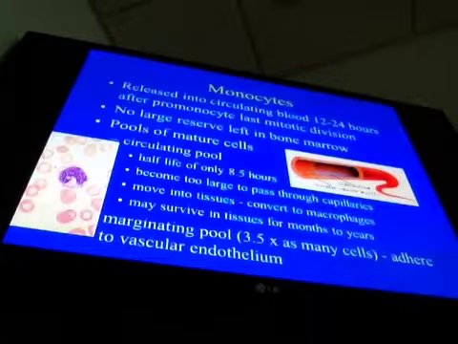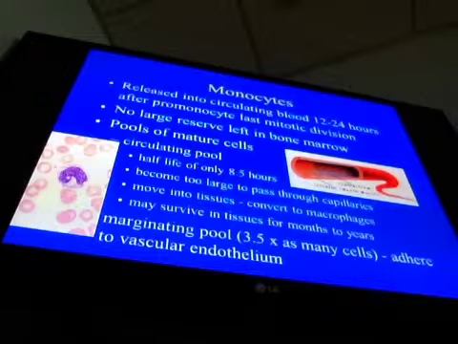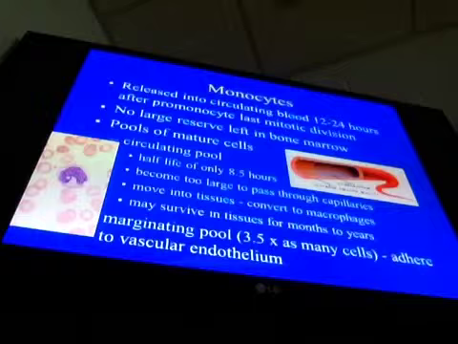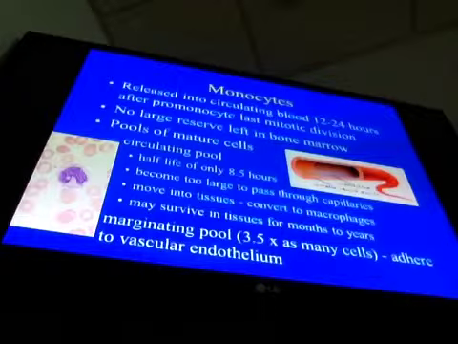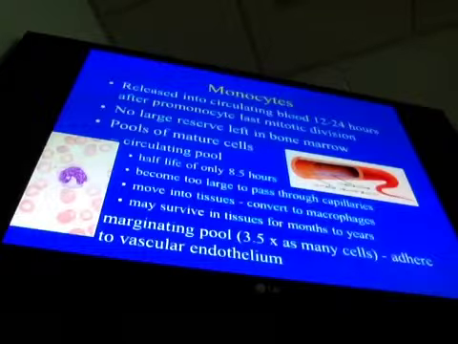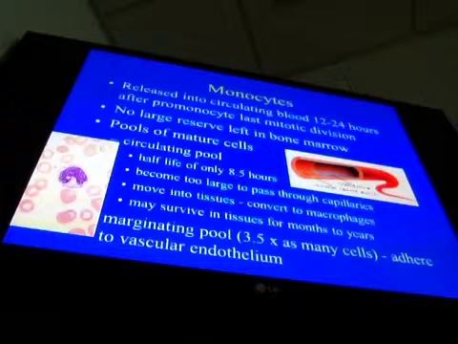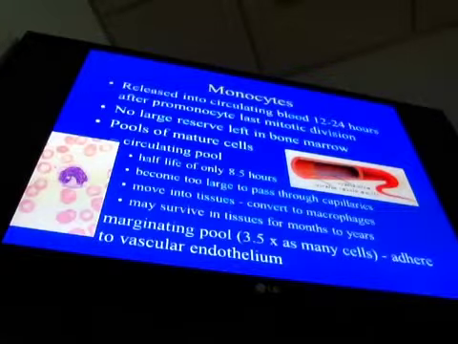So in the circulating pool, the half-life is only about 8.5 hours, so this cell is not going to last in the circulating blood system for a long period of time. It actually becomes too large to pass through the capillaries, so that's when it moves into the tissues and is converted into a macrophage. Here in the tissues, the macrophage will survive for months or even years.